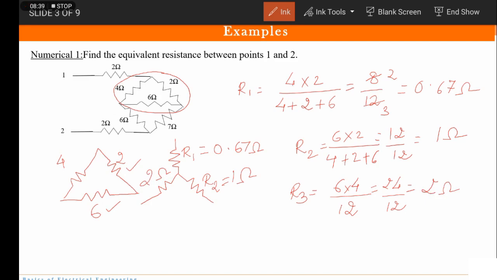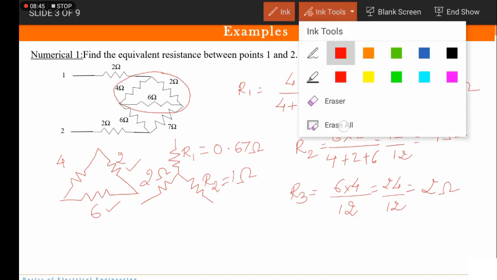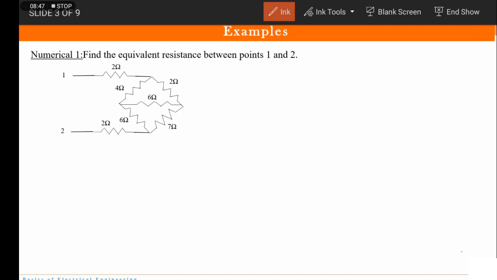Okay. Now what I'll do is I'll replace this delta with its equivalent star connection. So how to do that? First 2 ohm resistor as it was, then you have 0.67, then you have 2 ohms, this is 1 ohm, this is 0.67 ohms, 2 ohms, and the remaining circuit as it was earlier.